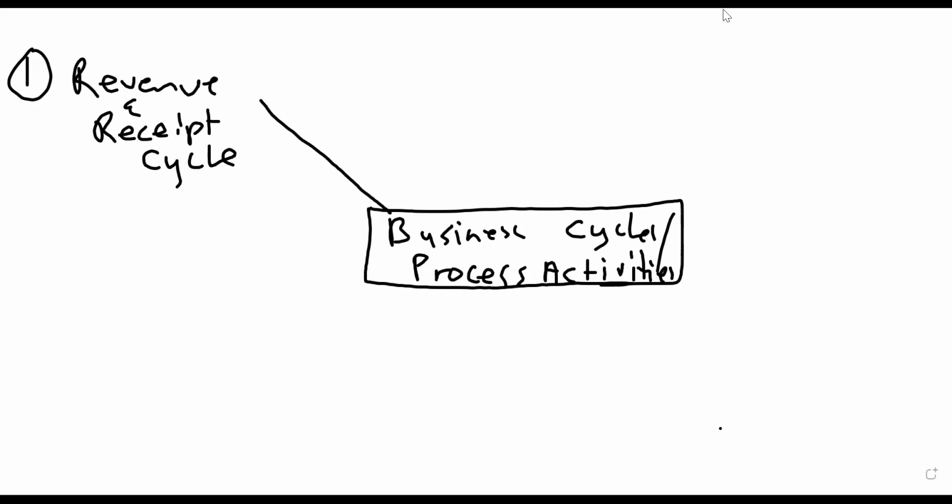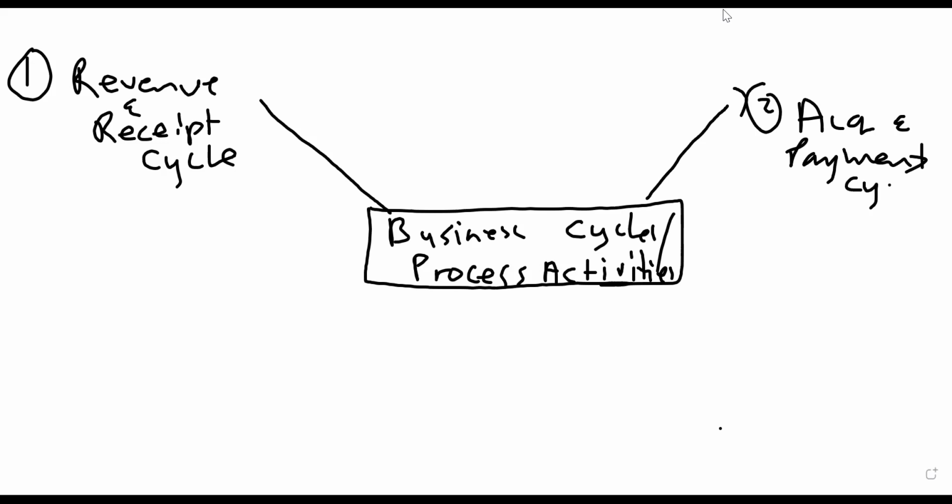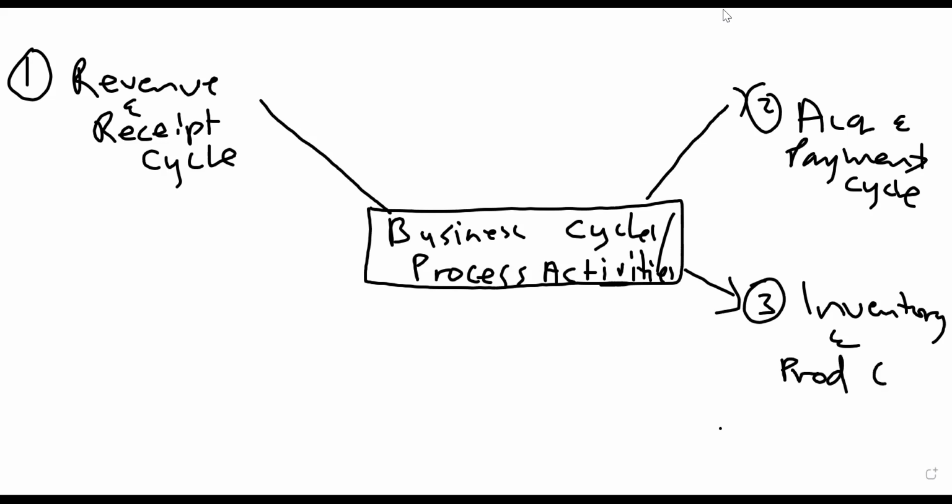The second one, which is basically the opposite of that, is called acquisitions and payment cycle. And the third one, which is really what I wanted to focus on because I was following the module outline anyway, is inventory and production cycle.